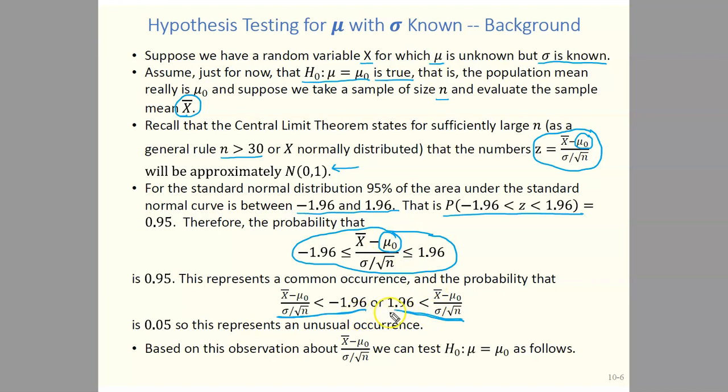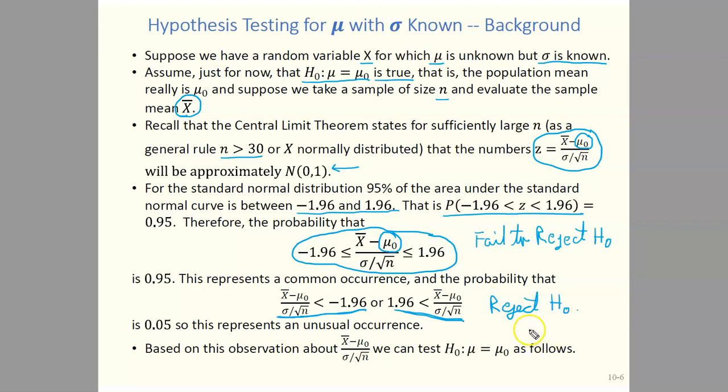And if this occurs, that makes us think then that, well, maybe the population mean really isn't mu naught, because this is a rather rare occurrence. So if this occurs right here, we are going to fail to reject H naught. And if this occurs down here, we're going to reject H naught.